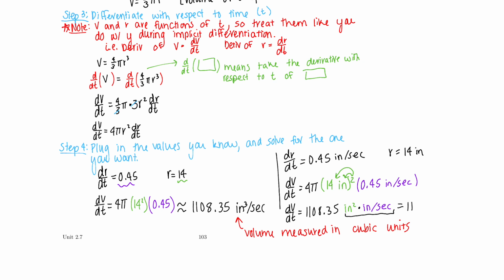So if you really wanted to go that route, you can figure it out by actually inserting the units in there. But it's kind of easier at the very end to just note what the units are and what it should be if it's a derivative and just answering it that way. But either way works.